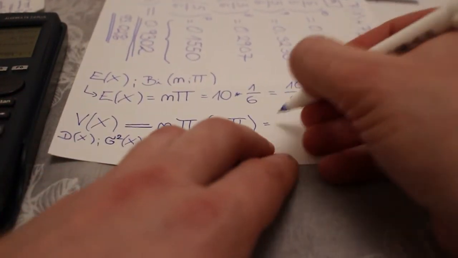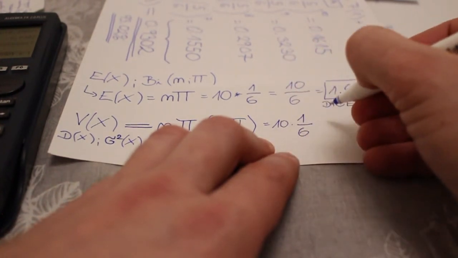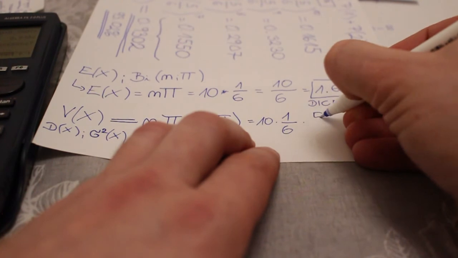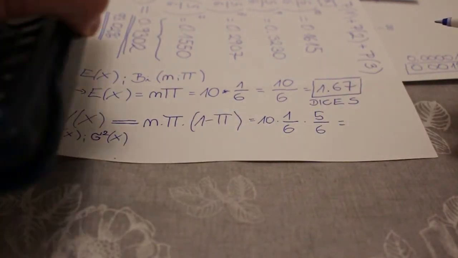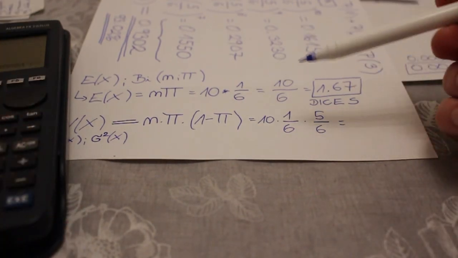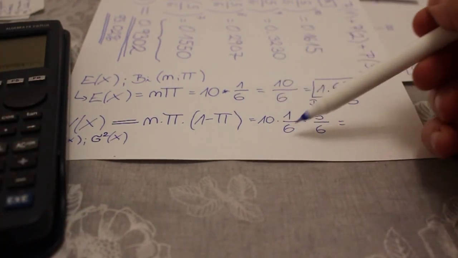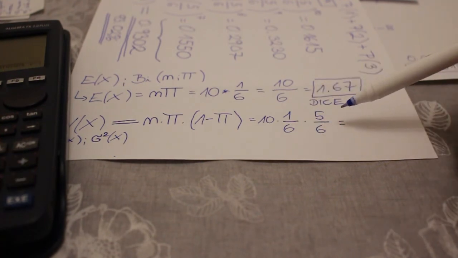In our situation, 10 times 1 divided by 6 times 5 divided by 6. So this will be the variance. I will use the calculator. So there I have 10 divided by 6 times 5 divided by 6.